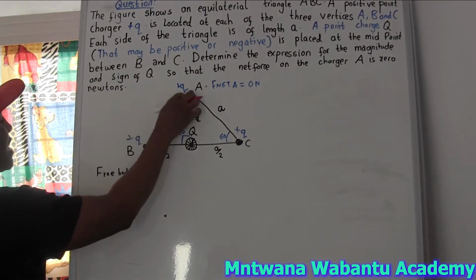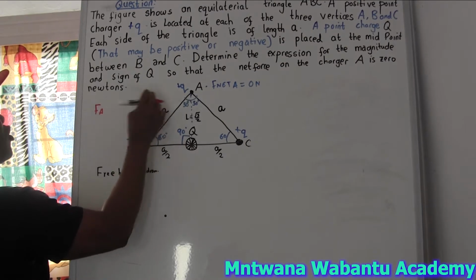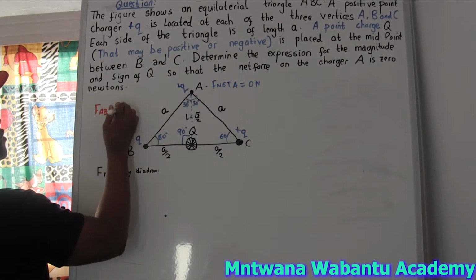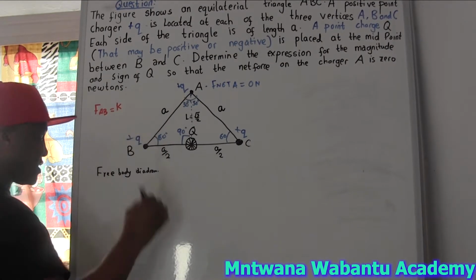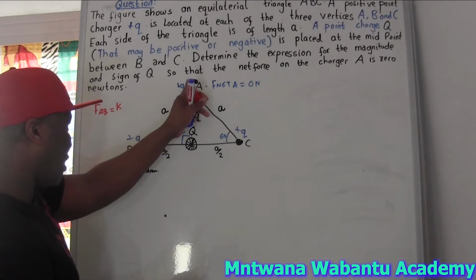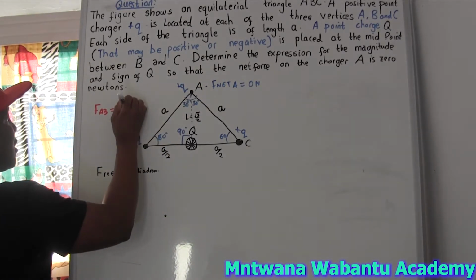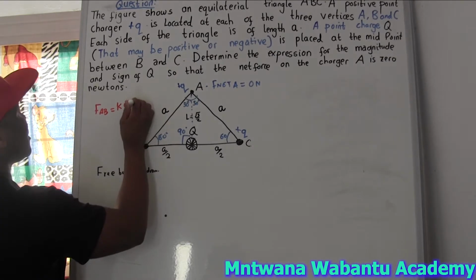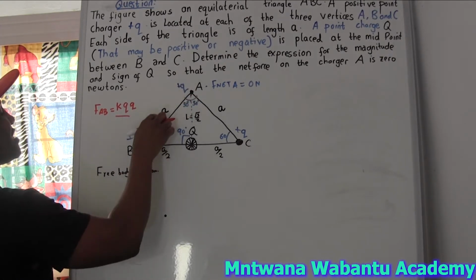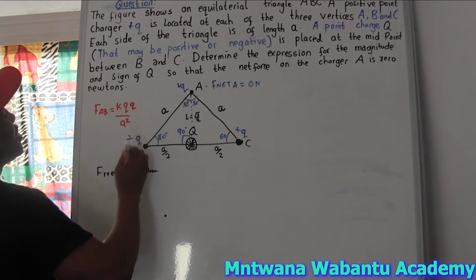So the force of AB here, we know it's going to be repulsive, of course, because the same force equals K, the constant, times this charge times this charge over the square of the distance between. What is the distance between? It's going to be A squared.